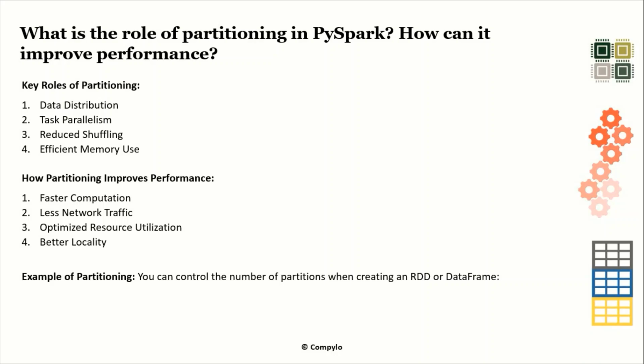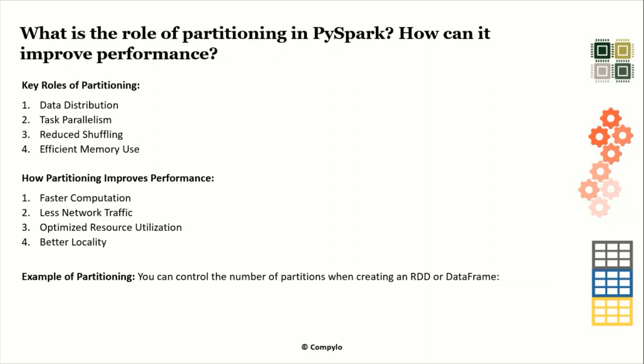Third key role is reduced shuffling. When data is evenly partitioned based on the key used in operations like groupByKey or reduceByKey, it can minimize the need for shuffling. Shuffling is an expensive operation that involves redistributing data across the cluster, and reducing it can significantly improve performance.